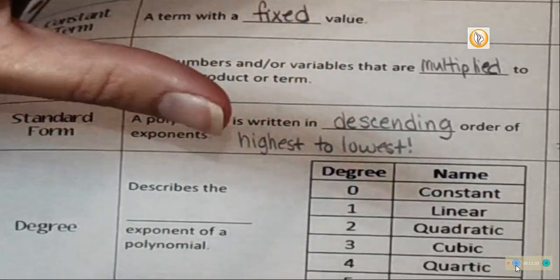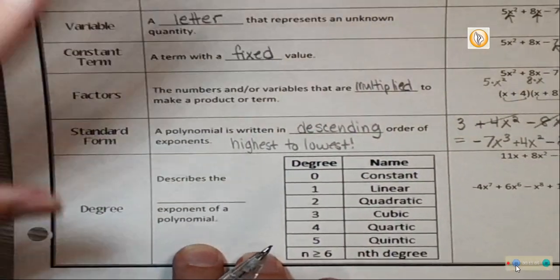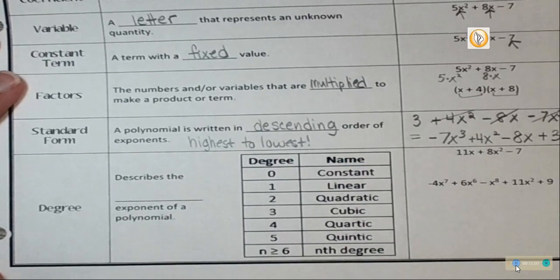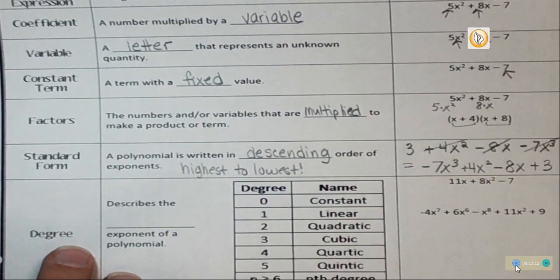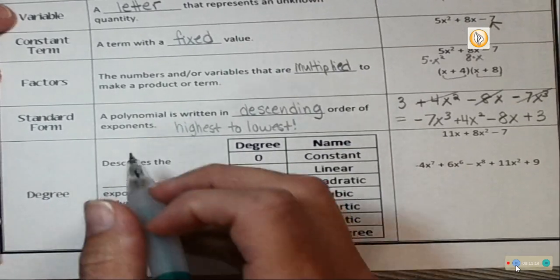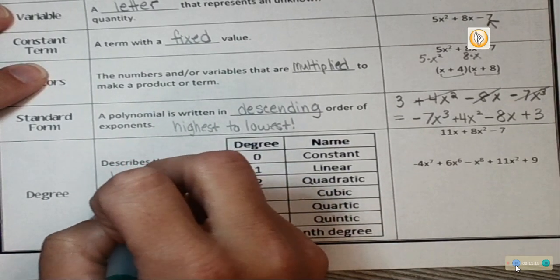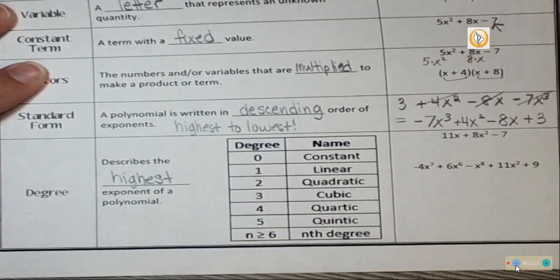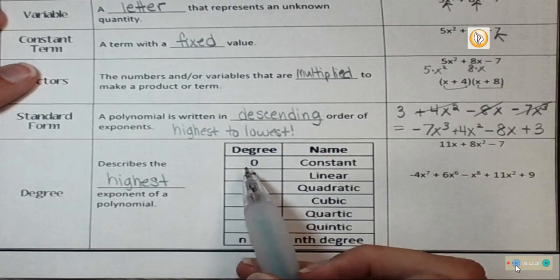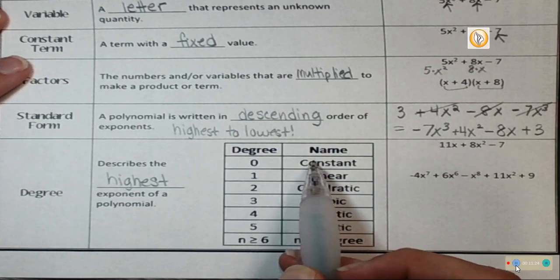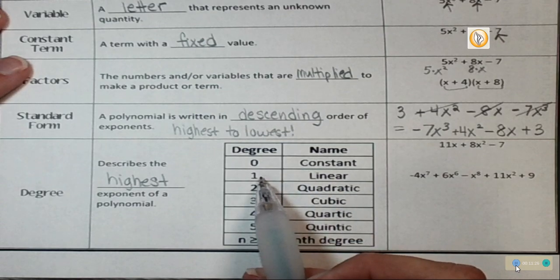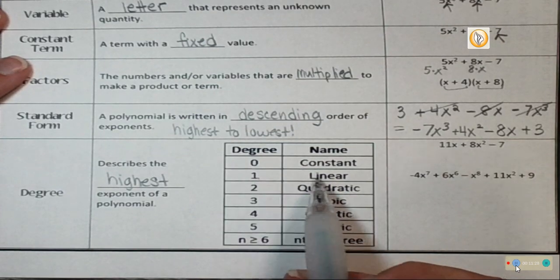This next part is probably going to be somewhat new to a lot of people, okay? The degree describes the highest exponent of a polynomial. If the degree is 0, that means you don't have an exponent at all. You call that a constant. If the highest exponent is 1, it is linear.